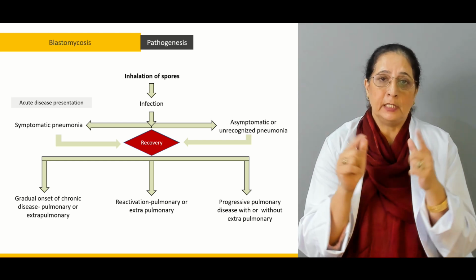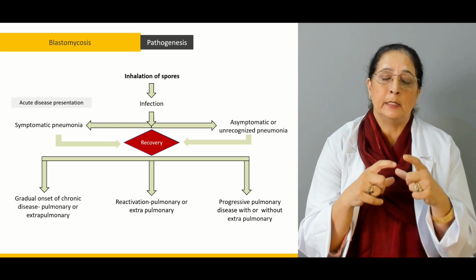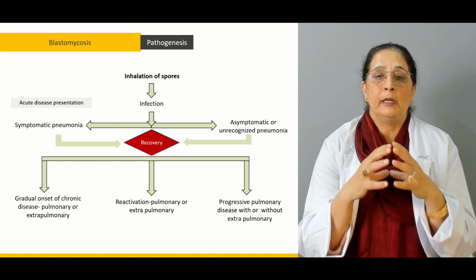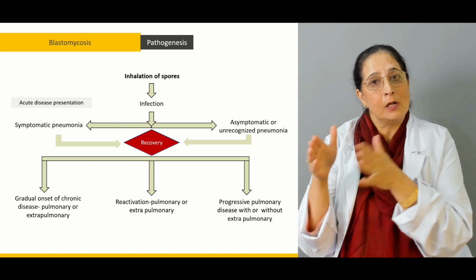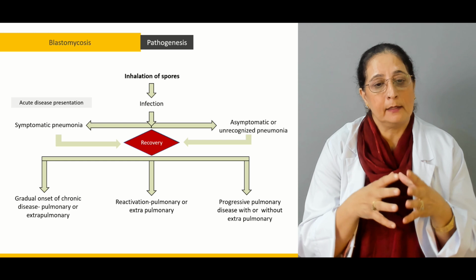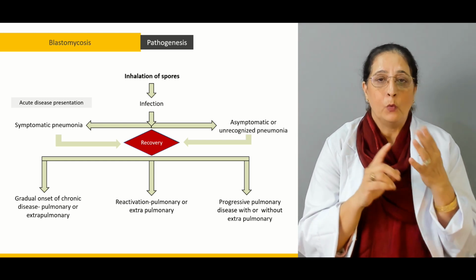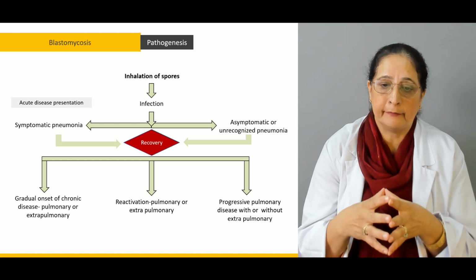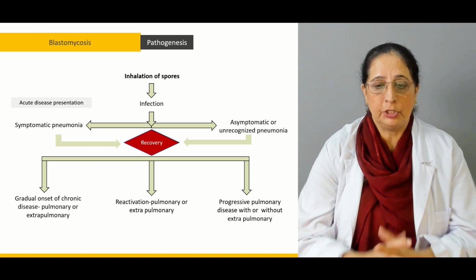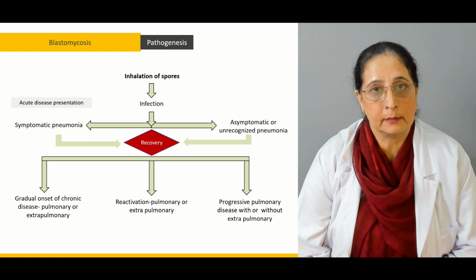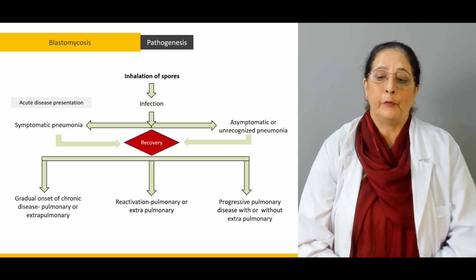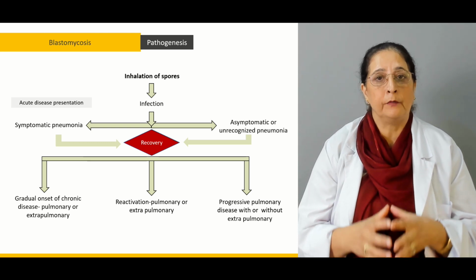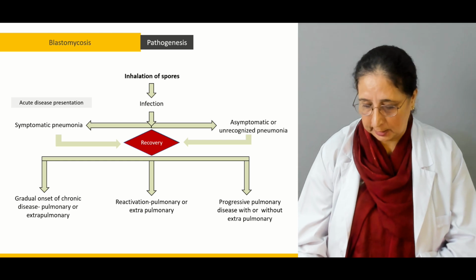Both these conditions, symptomatic or asymptomatic, will go into recovery, or the patient will recover, with three consequences that can occur after the recovery. One is gradual onset, and then it becomes a chronic infection, reactivation, pulmonary or extrapulmonary, or progressive pulmonary disease. So this is the pathogenesis of blastomycosis.